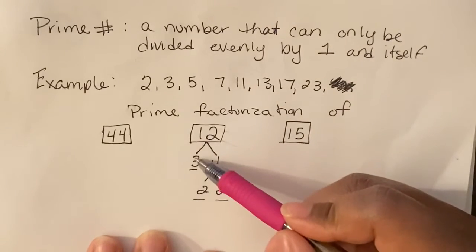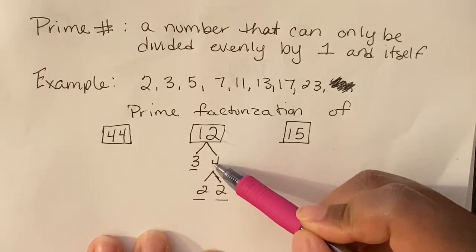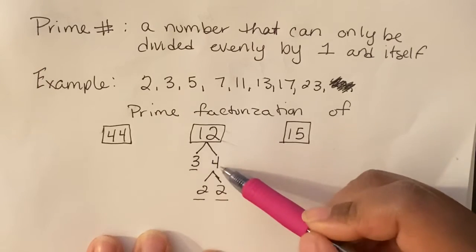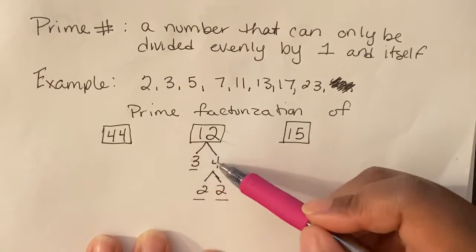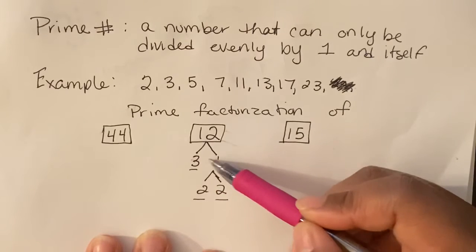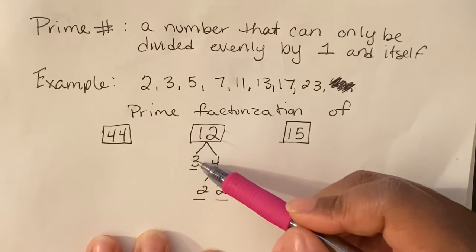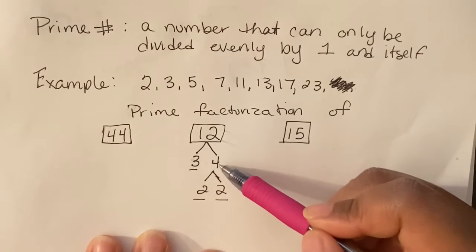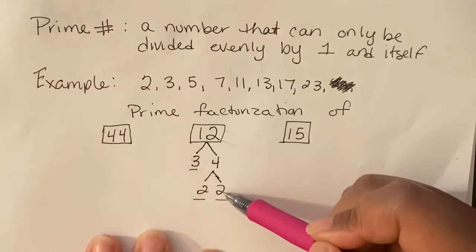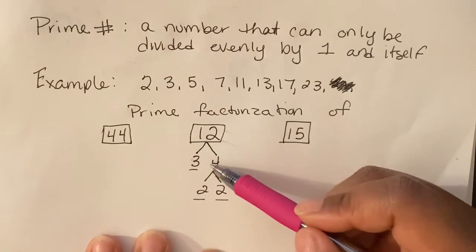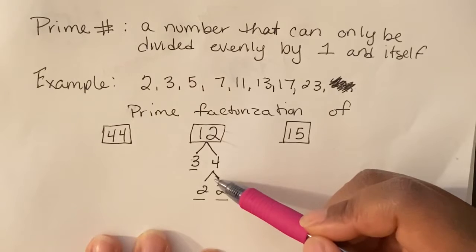So 3 times 4 is 12. So these are the factor pairs, 3 times 4. Now I cannot break down 3 because 3 is a factor, but I can break down 4. The factors of 4 are 2 and 2. So basically each level of this, you're going to break down the numbers that you can.